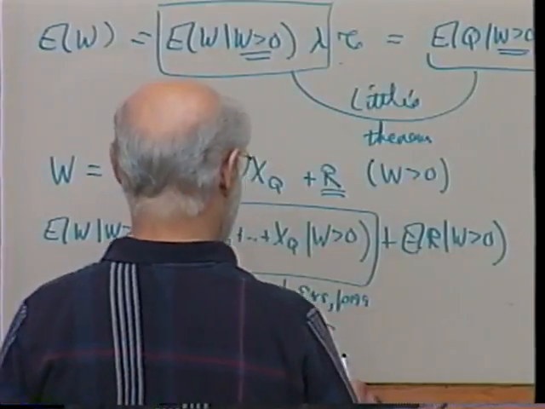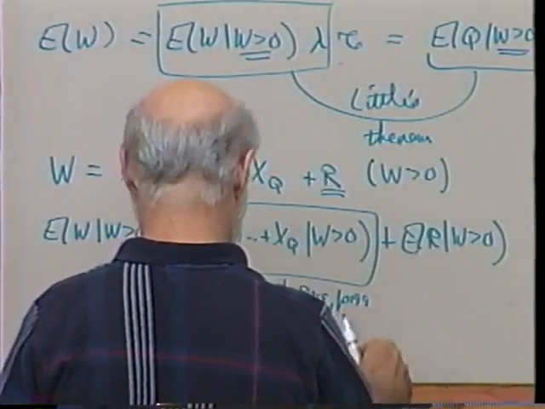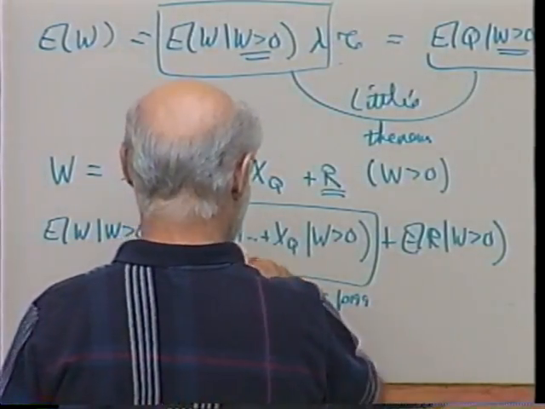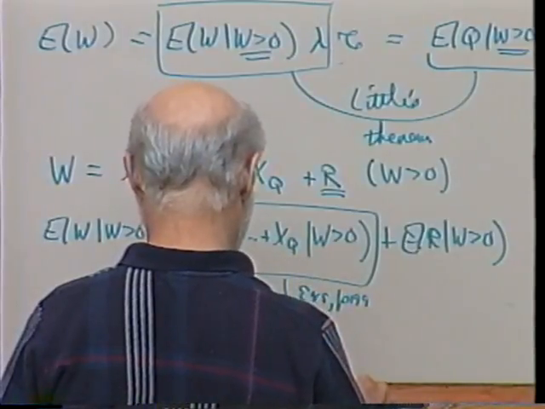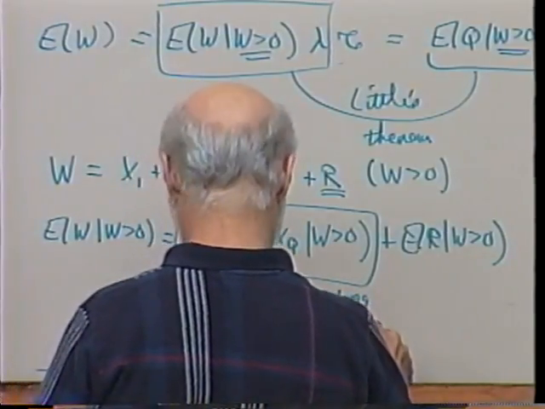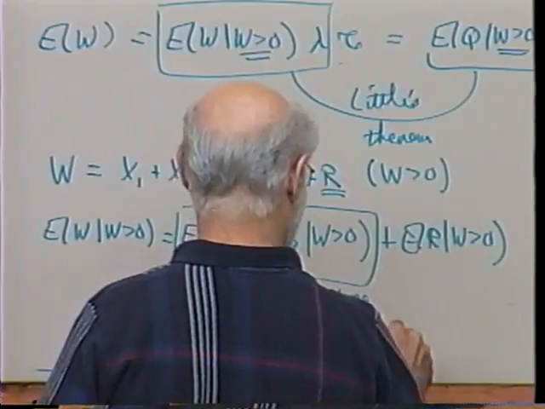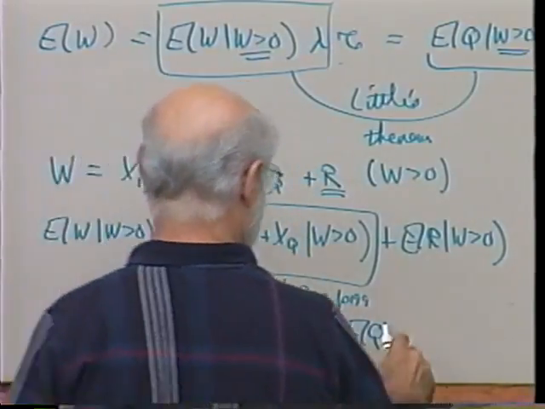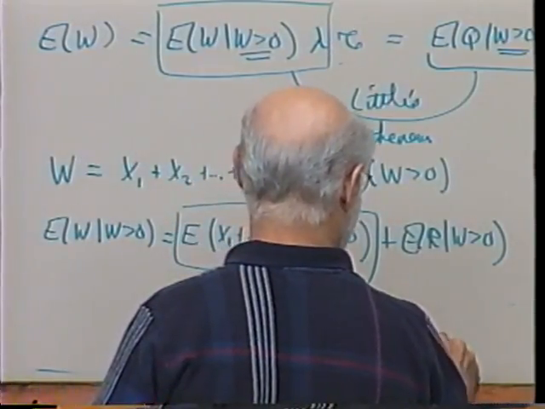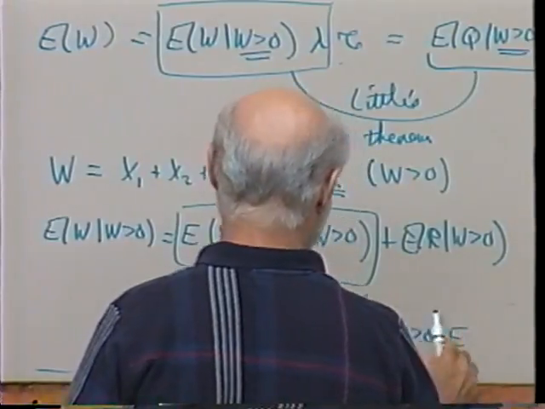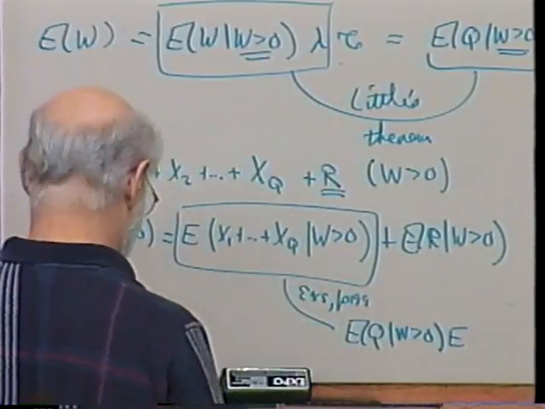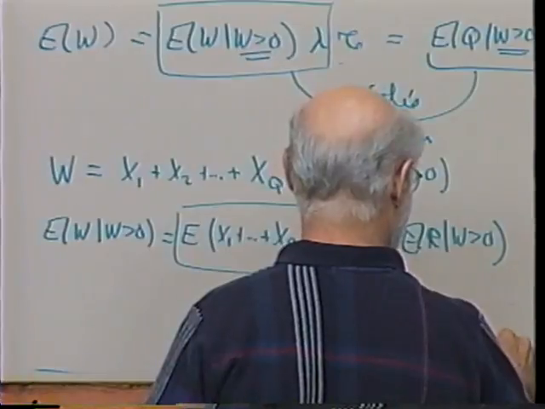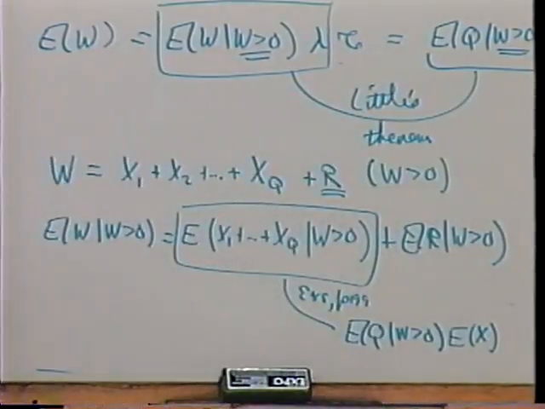So by exercise 5, page 199, this becomes the expected value of the queue length, given the condition that W is greater than 0, times the expected value of the x inside that sum, which is E of x. They're all the same.